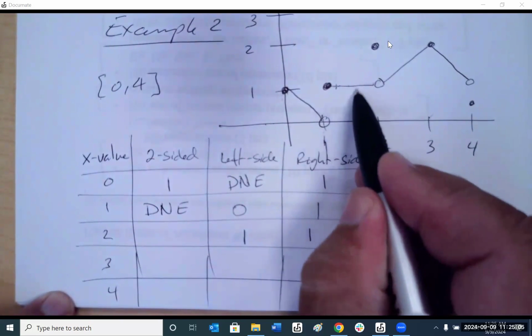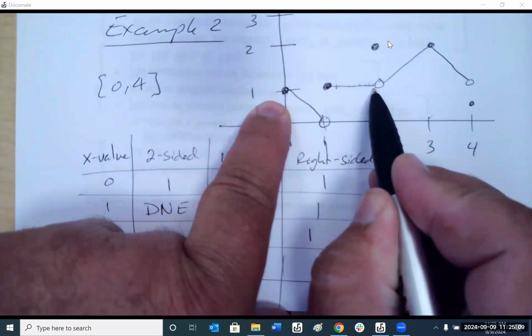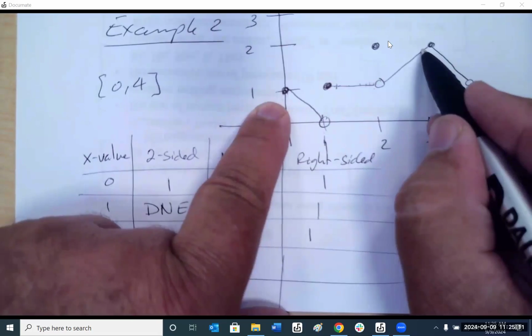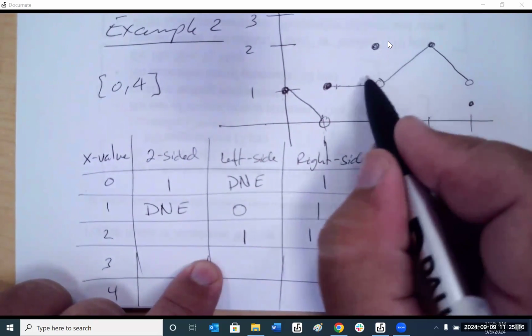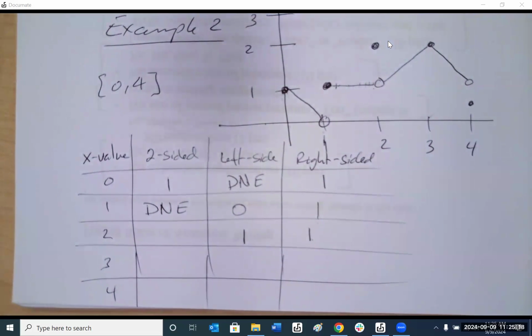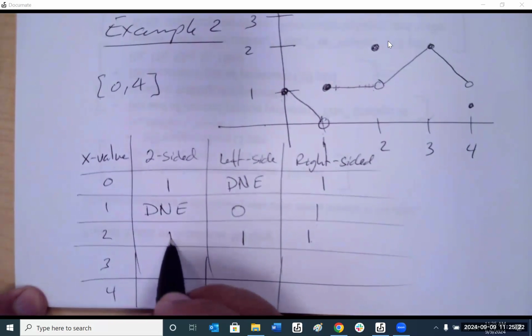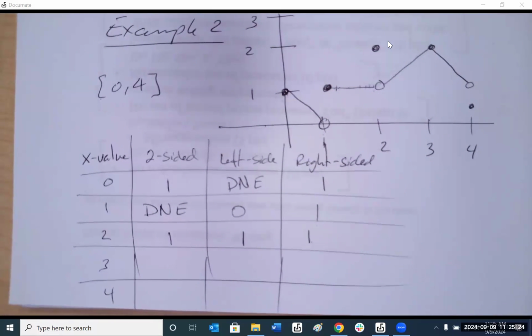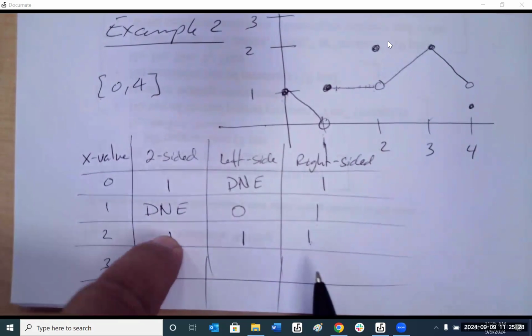Because as I get closer to that value, it's always going to be 1. Same thing on this side. As I'm approaching 2 from the right-hand side, it's approaching 1. So does a two-sided limit exist? Yes, and it equals 1. Because if both of these are 1, this one has to be 1.